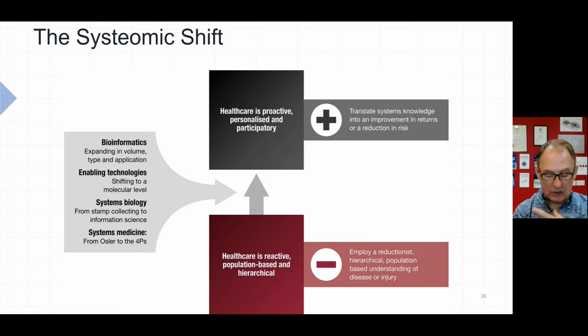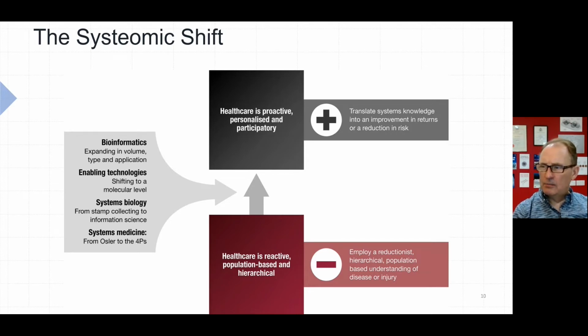The fourth of these six shifts is the systemic shift. This is a shift in the science of pharmaceutical and medical technology. These things on the left have caused this shift in how we define and understand illness and wellness. So healthcare used to be reactive, based on treating populations, and it used to be hierarchical in how it made sense of illness.